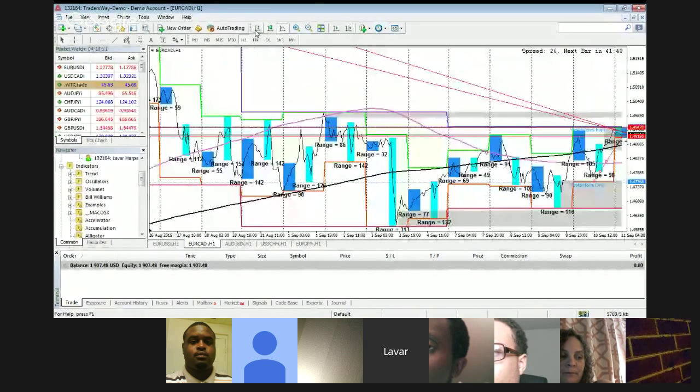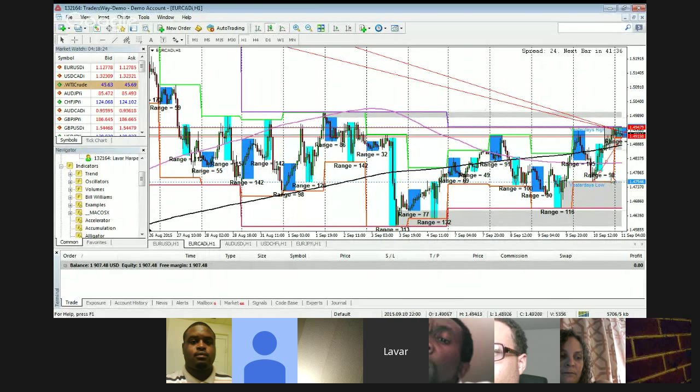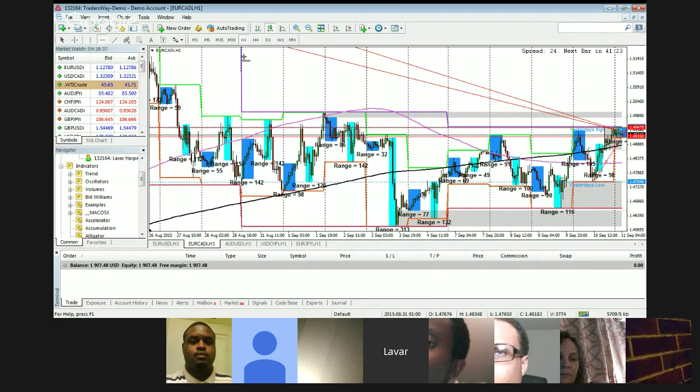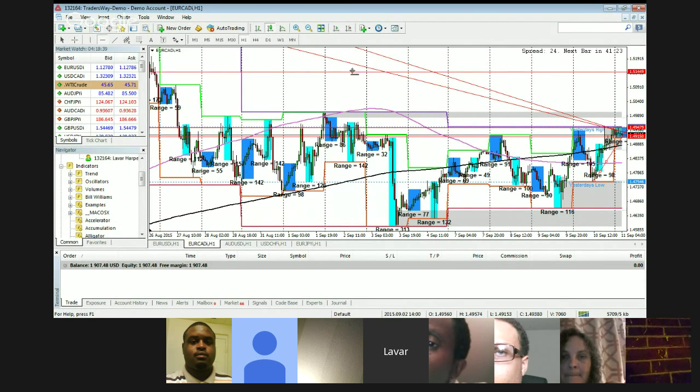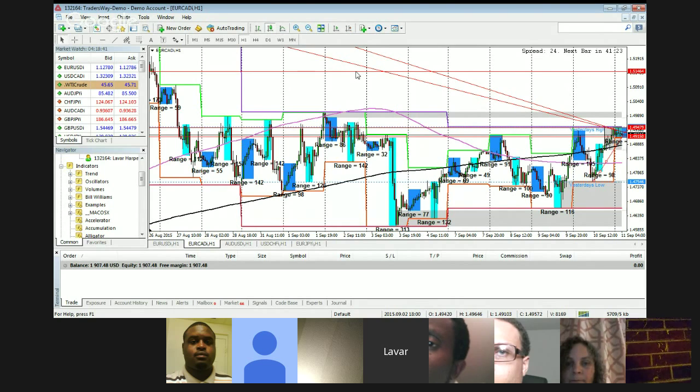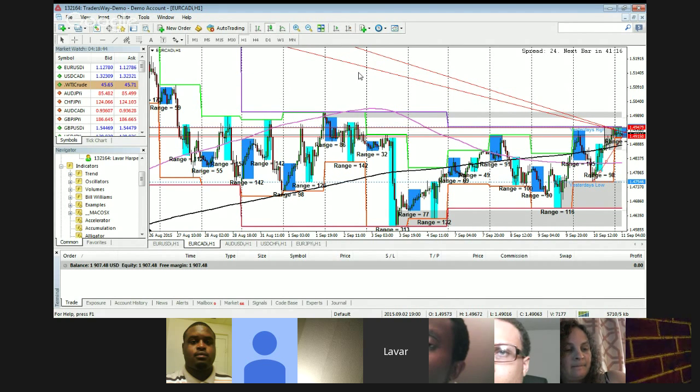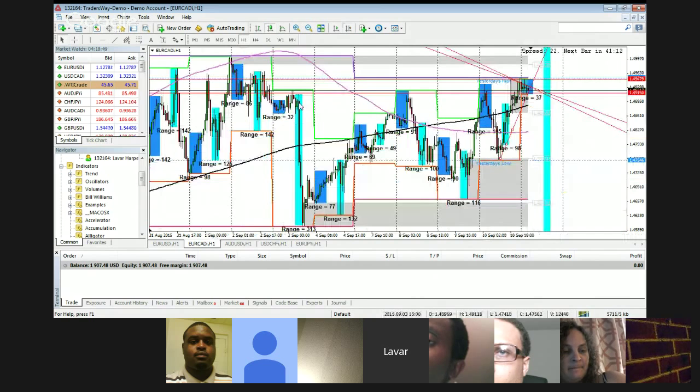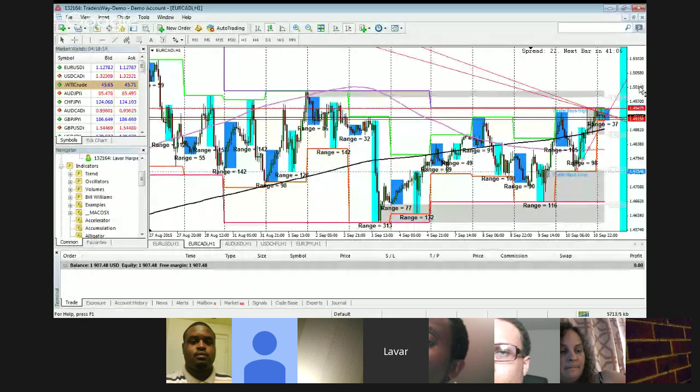So let me go back to the candlesticks and I'll look up. We're on the 1 hour, and the next zone looks like it's going to be right here. We got one right here, one right here. Looks to be right around here.